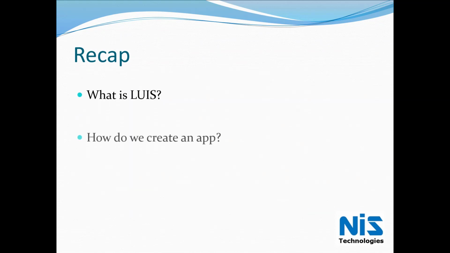So we talked about what Lewis is and how we can create an app. What do I need to do in my app to call Lewis? So that's in Lewis itself, but now I created my .NET application. How can I call Lewis? So I create my app, it's published.